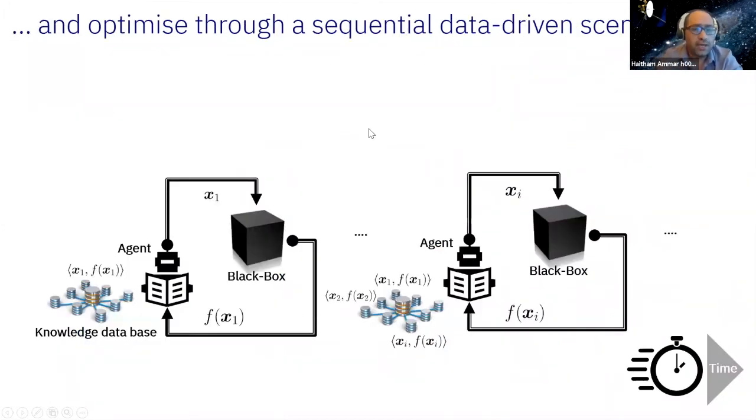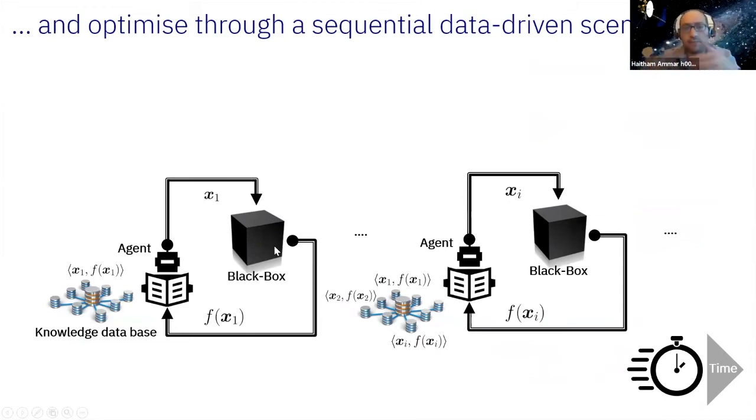Now, we are also going to assume a sequential, data-driven scenario by which we would like to solve this problem. So we will have our agent, which is the learner, and that learner will emit some x value, so values of a hyperparameter, a molecular structure. Then it will go and get evaluated in the black box, which we call a black box because we don't know it.